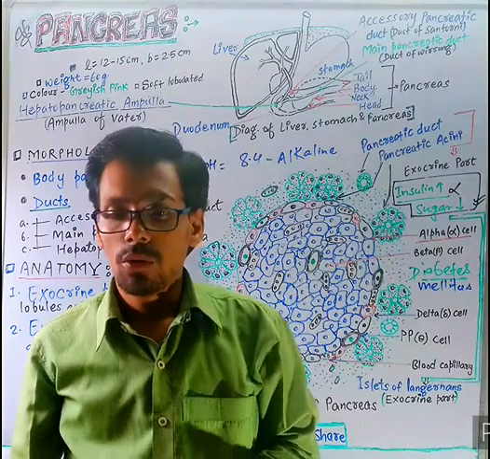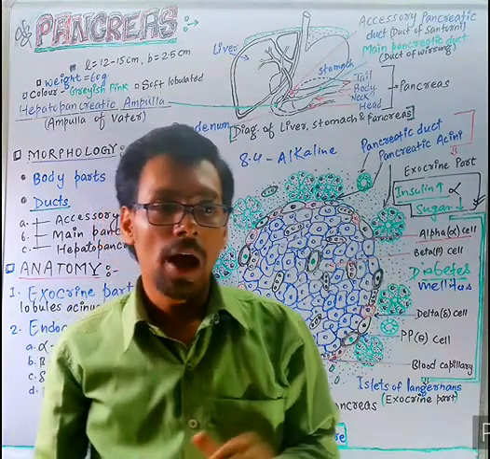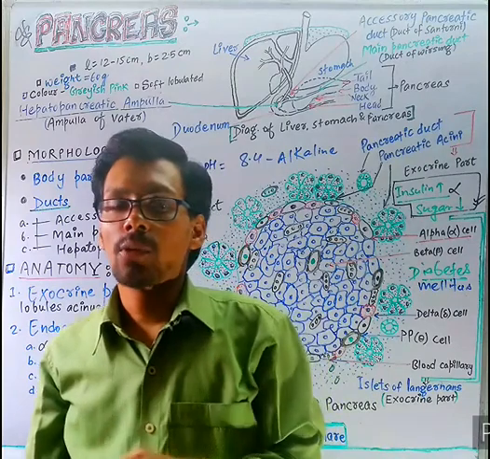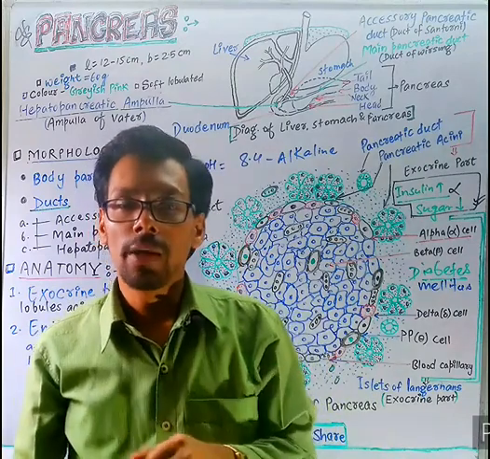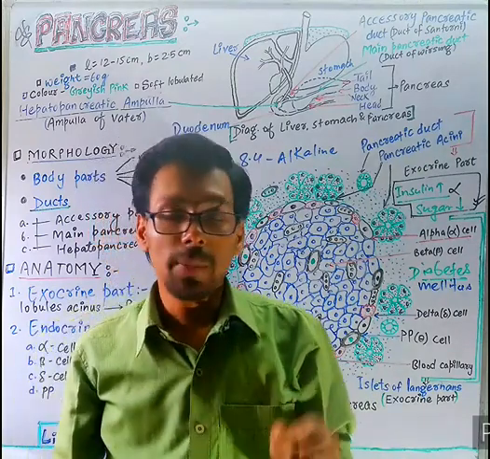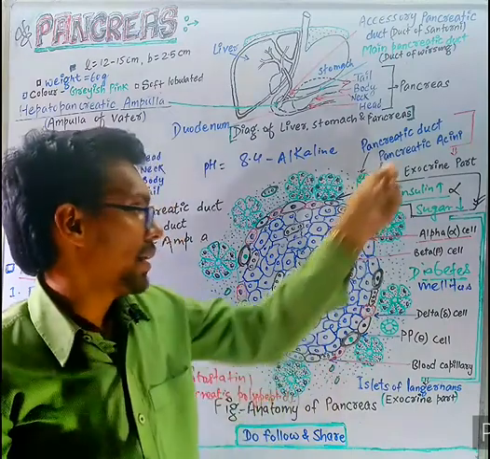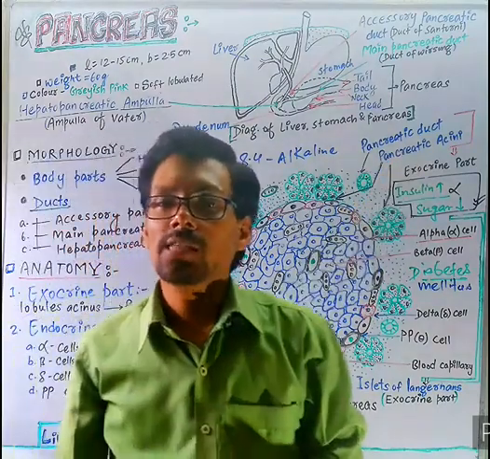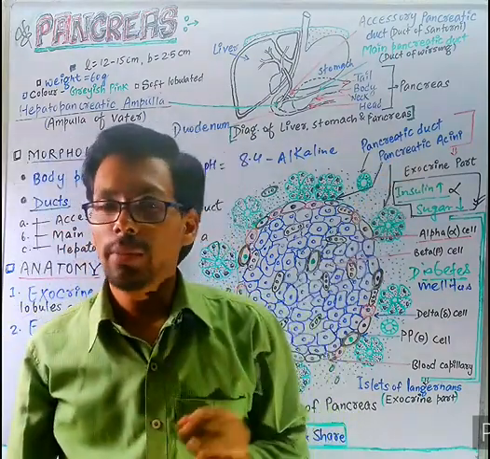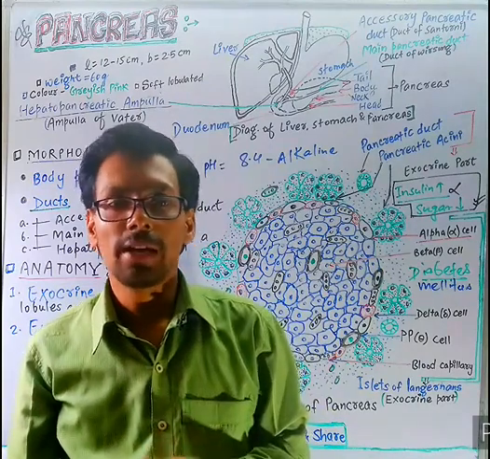Generally you learn three in the book, but I will tell you about four types of proenzymes secreted in pancreatic juice by the pancreatic acini: trypsinogen, chymotrypsinogen, procarboxypeptidase.